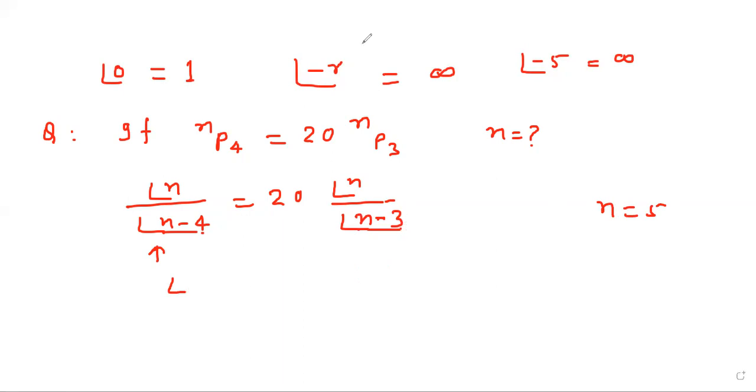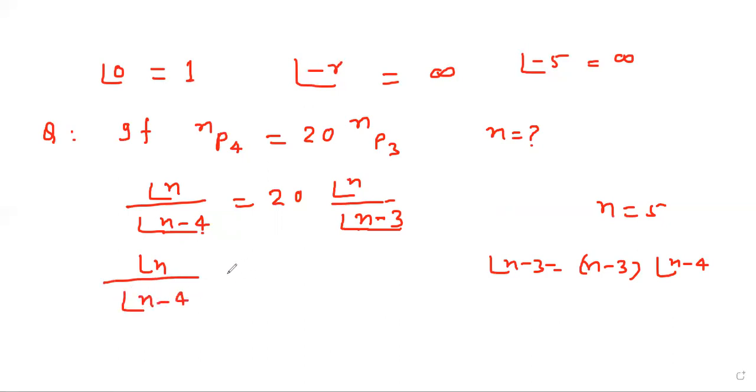So now what we do, factorial n minus 3 can be written as n minus 3 times factorial n minus 4. So now factorial n upon factorial n minus 4 equals 20 times factorial n upon factorial n minus 4 and times n minus 3 outside the factorial.